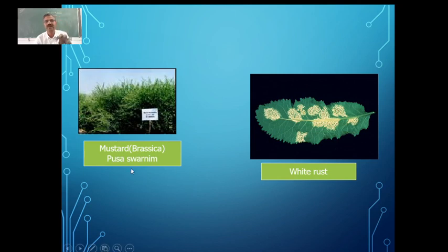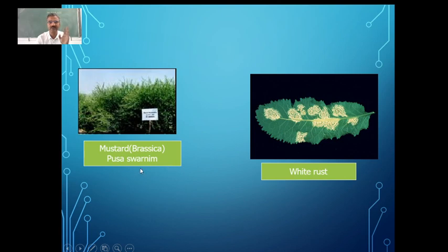This IARI has contributed a lot in the research field so as to develop these new varieties of plants against these diseases. You can see the white rust here, and this affects the plants to a greater extent.